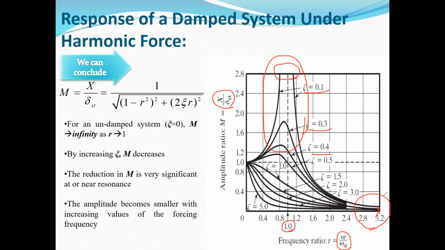For this area, you can see that the amplitude becomes smaller with increasing value of the forcing frequency. So when your frequency of excitation increases significantly, the amplitude ratio will decrease, and somehow it will go to 0 sometimes. And the effect of the frequency is more than the amplitude.